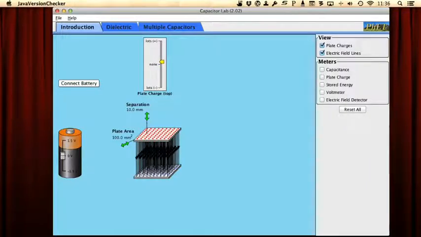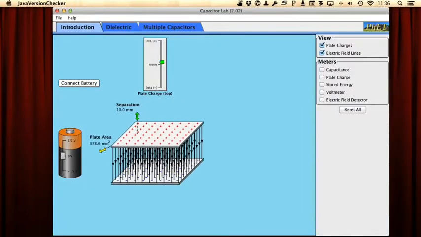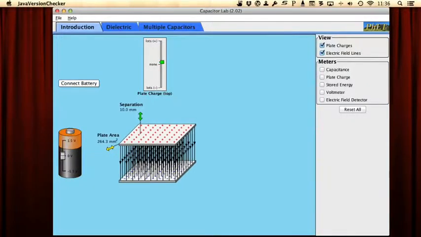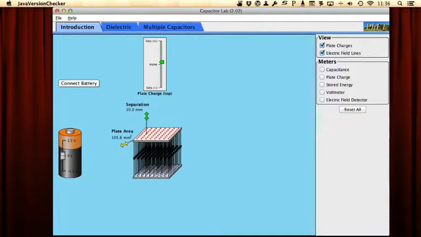But the other thing that controls the strength of the field between the plates is how closely spaced those field lines are. That's another definition of our electric field. Field lines that are more widely spaced are weaker. So we have to take into account both the charge and the area. And one way to do this, and this is the way we're going to do it on the worksheet that you have, is by thinking about the density of the charges that are located on the plate. It'll look a little something like this.